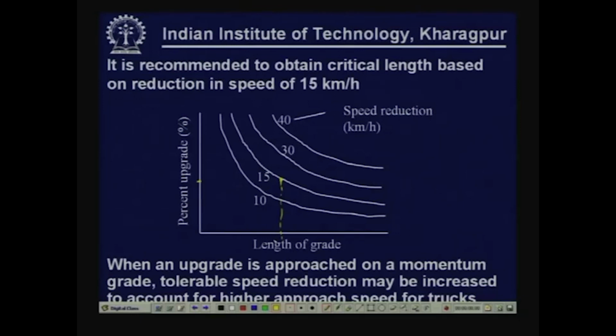If we consider a higher speed reduction, say 25 or 30, just for example, obviously a longer length of grade is acceptable. But normally, taking 15 kilometer per hour as the speed reduction limit, the critical length of grade is decided.